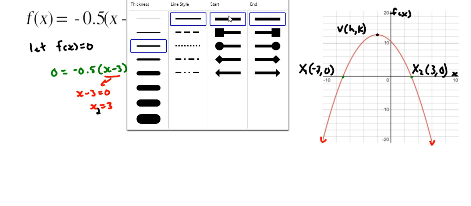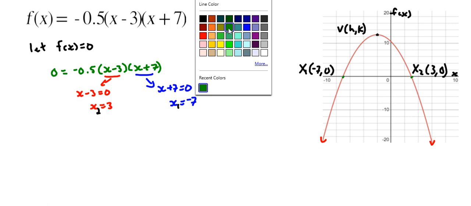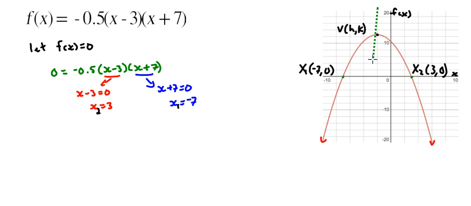If we look at this line, we have a line of symmetry that runs right through the vertex, and this is my axis of symmetry. This line will always have the equation x equals h, where h is the x coordinate of that vertex. The other thing I know is that this x equals h line is halfway between my roots. This will always be true.